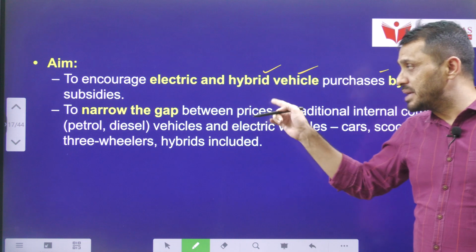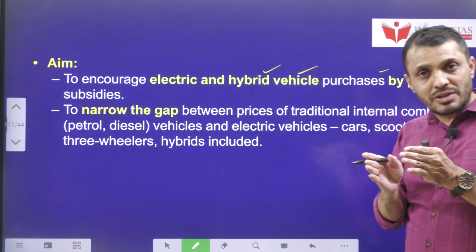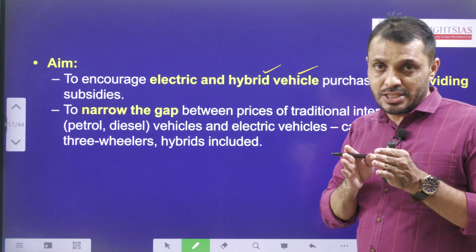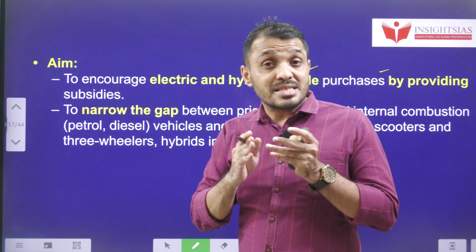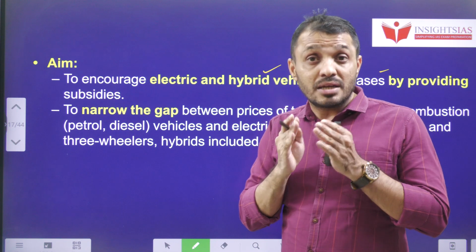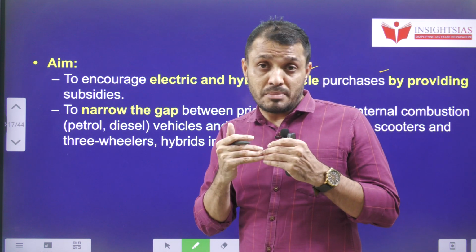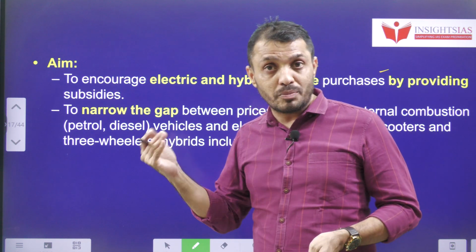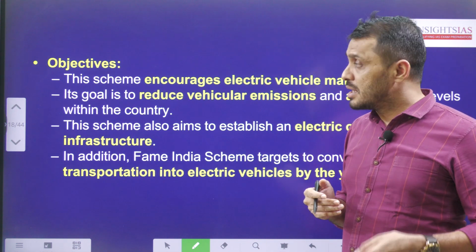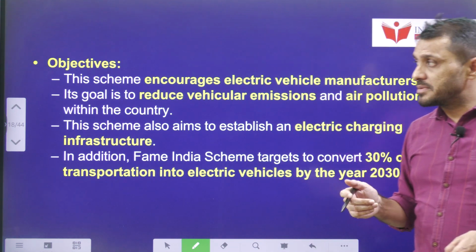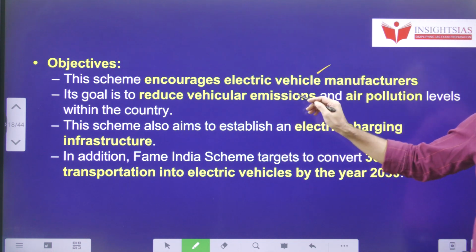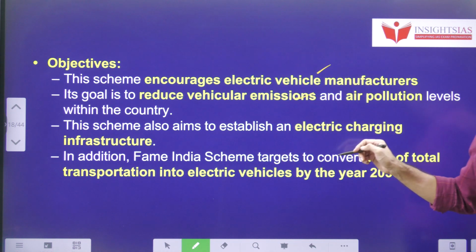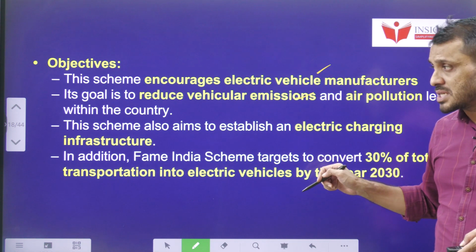To narrow the gap between the prices of traditional vehicles and electric vehicles, the Government of India launched this scheme. As the price gap narrows, people will show more interest in buying electric vehicles. That is the main purpose here. Objectives: to encourage electric vehicle manufacture and to reduce vehicular emissions by reducing dependence on fossil fuels.